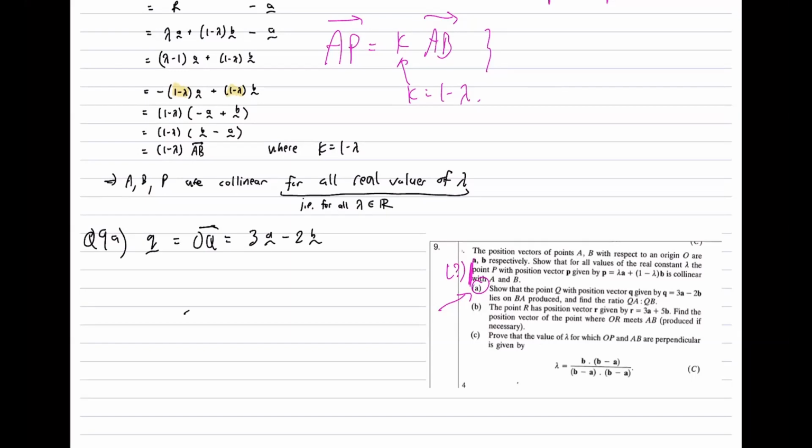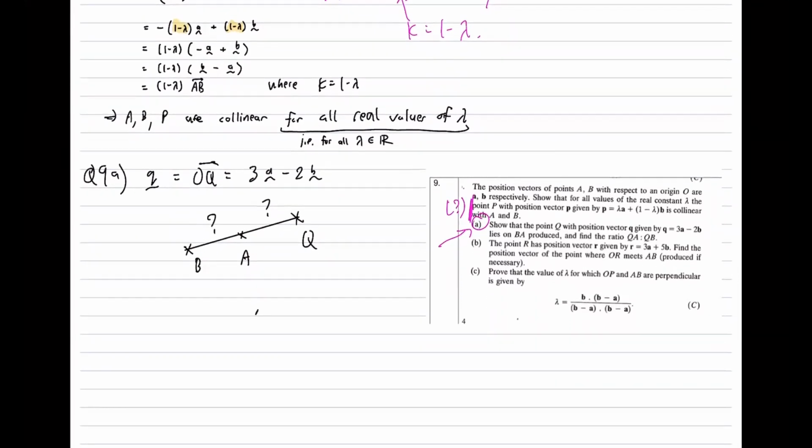So you have point B here, point A here, and then BA produced until Q. So that's our goal. We want to find out that ratio.